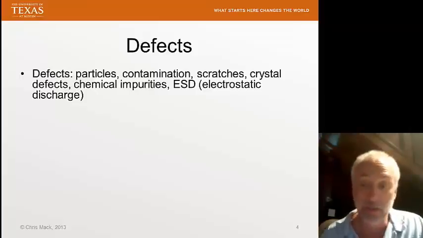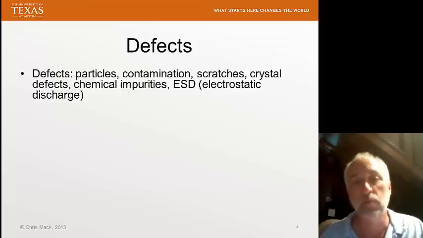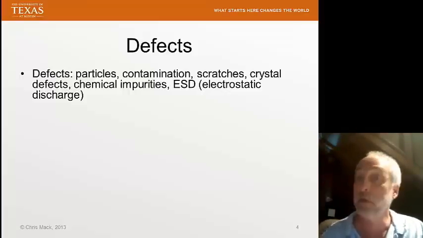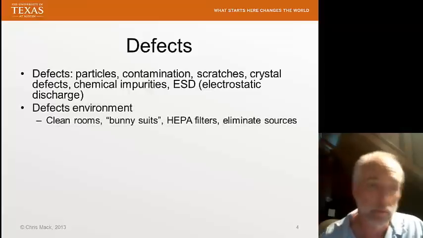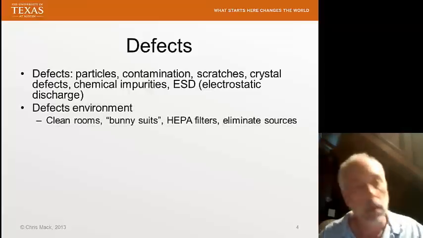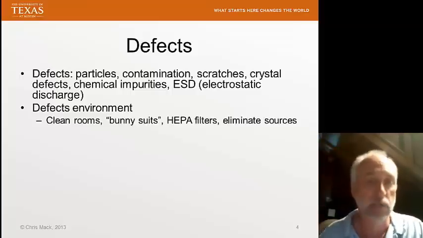The way you deal with defects is to try to eliminate the sources. Depending on where the defect comes from, we'll have different strategies for reducing those defects. So, for example, defects from the environment, from the air around us. Well, how do we deal with that? First thing we do is we use clean rooms.